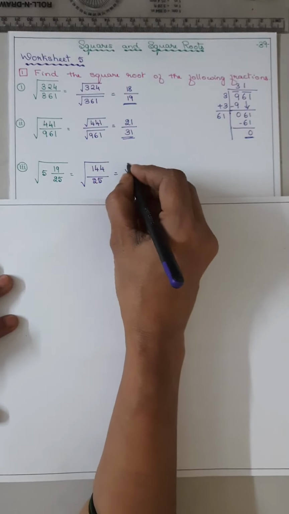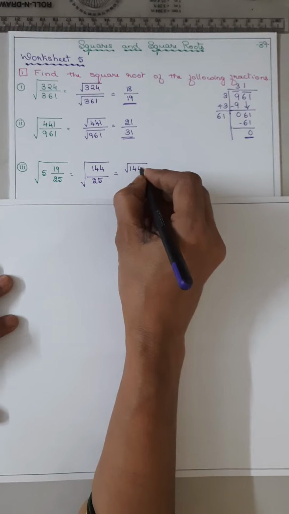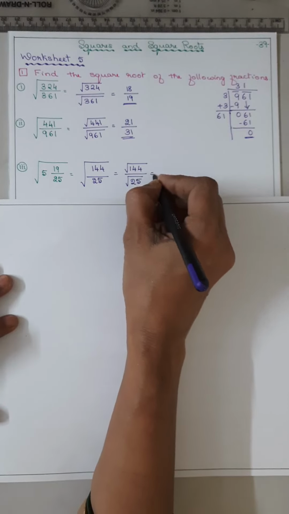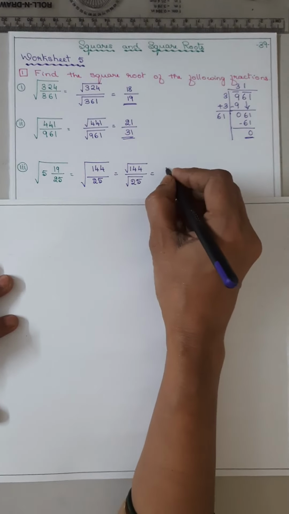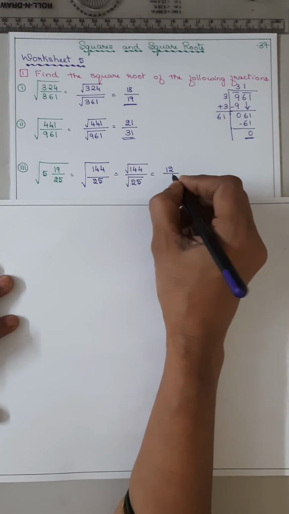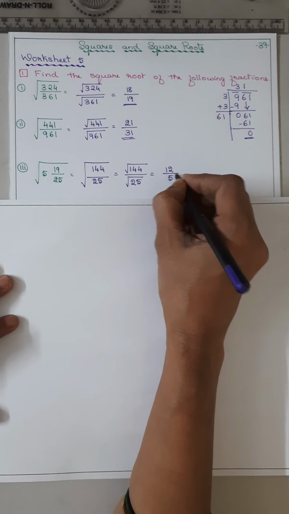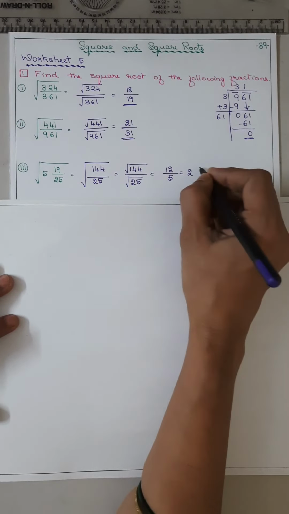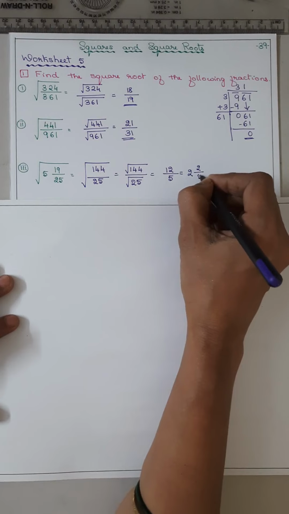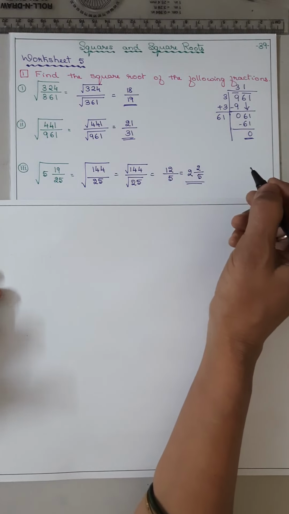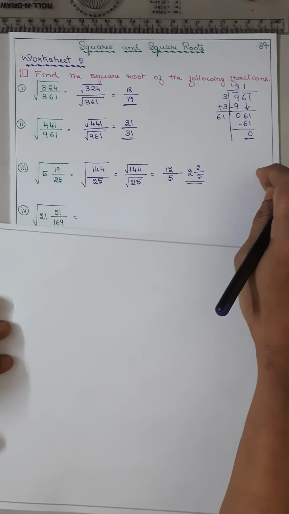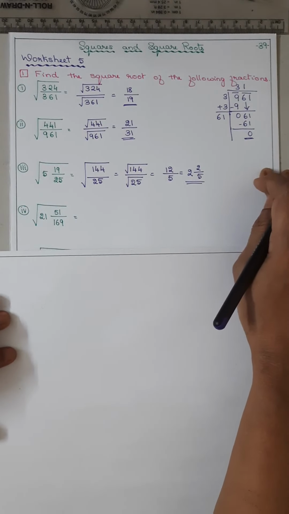Now the square root of 144 upon the square root of 25. Now 144 is of 12 and 25 is of 5. So 12 upon 5, how much? 5 2s are 10, 2 by 5. So if it is an improper fraction answer, then convert it into a mixed number.